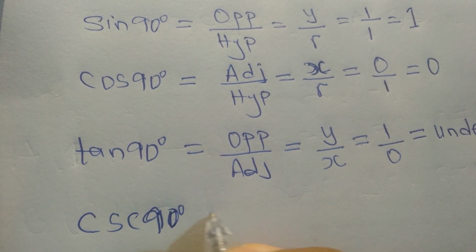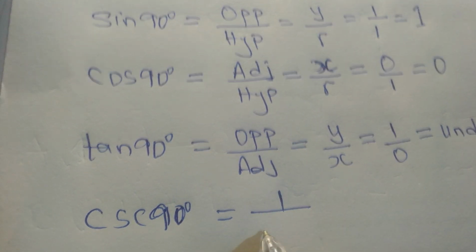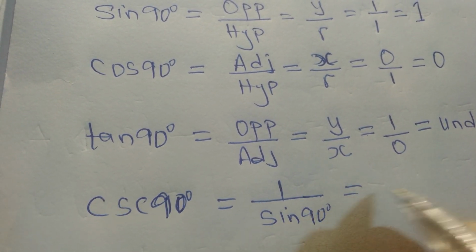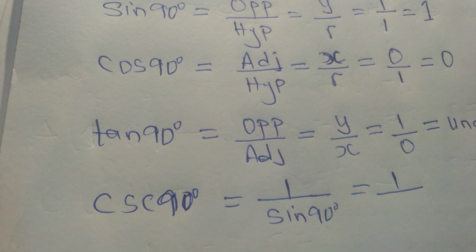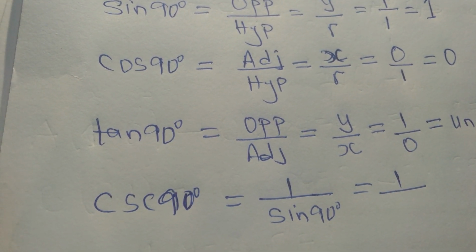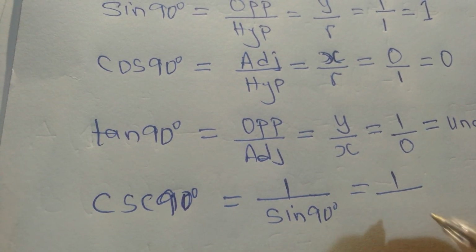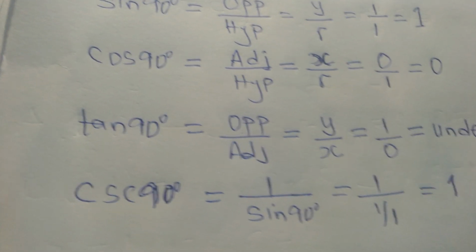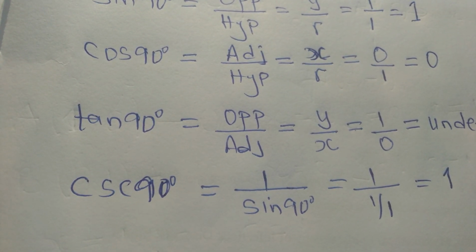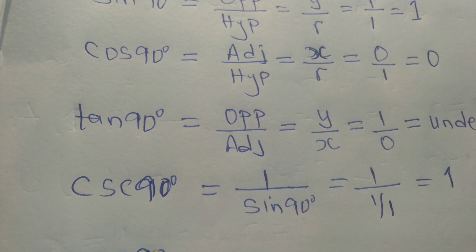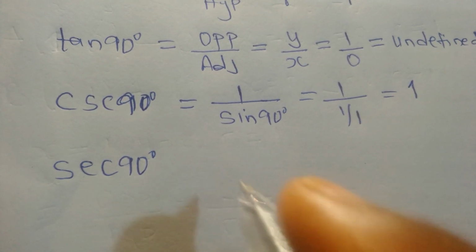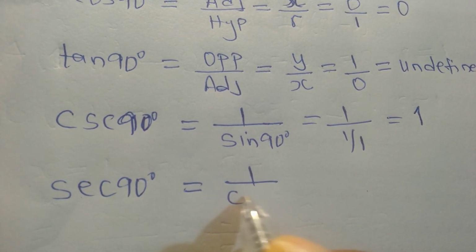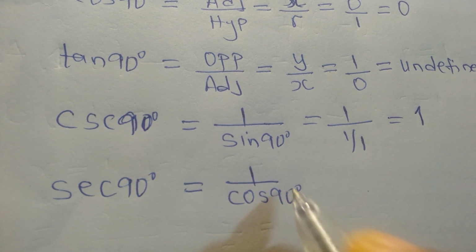Then we can also go ahead to obtain cosecant 90 degrees, which is the reciprocal of sine 90 degrees, that is 1 over sine 90 degrees. Sine 90 degrees has been obtained as 1, so 1 over 1, which is 1. Then secant 90 degrees, which is the reciprocal of cosine 90 degrees.